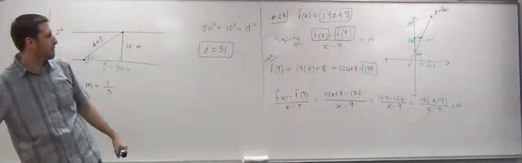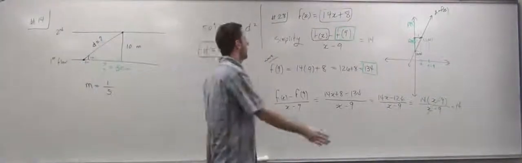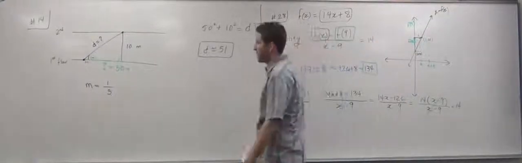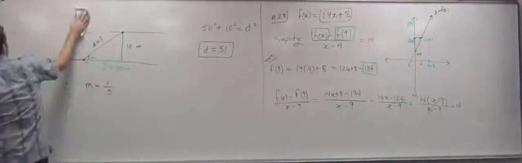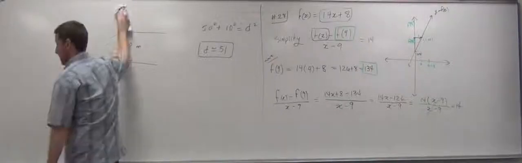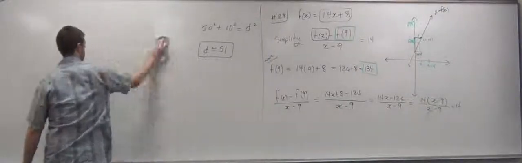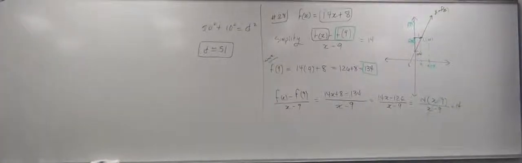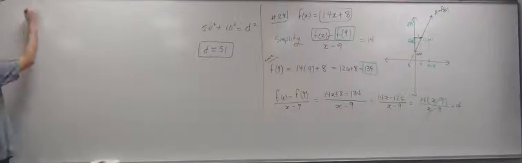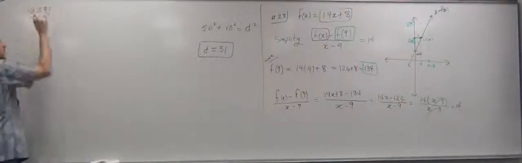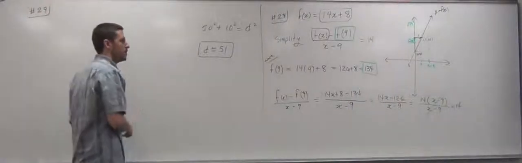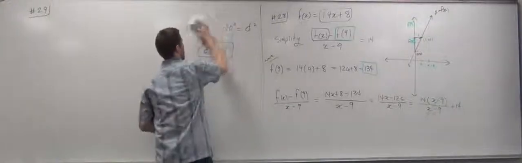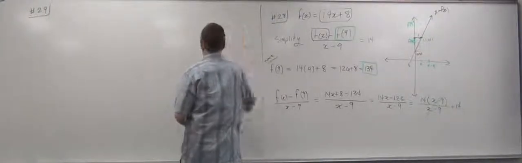So let's look at 29, because we're not given a line in number 29. 29 is anything but a line. So let's see, 1 over root x plus 15 is our function.